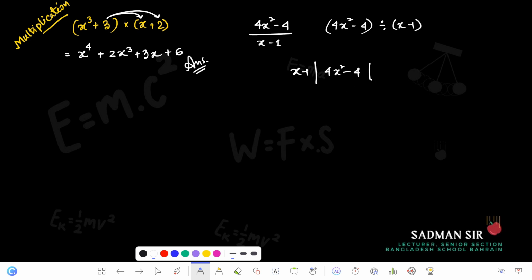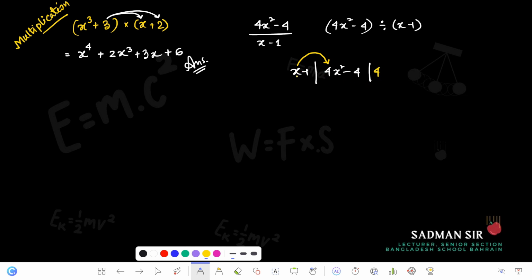Now in the division process, the first thing to keep in mind is that we have to match the first term. What can I multiply x by so that it becomes 4x square? The coefficient is 1 here, but the coefficient is 4. So with 1 I need to multiply 4 to make it 4, that is why I will write 4 here first.